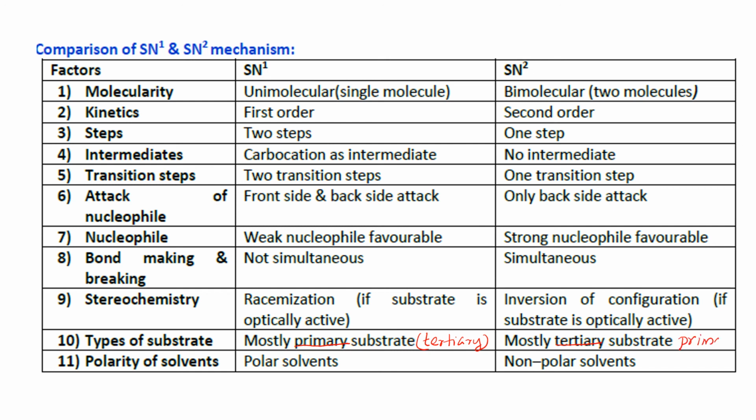This is because less crowding is preferred for SN2 mechanism, because the transition state will be more crowded if you start with tertiary alkyl halides. And SN1 mechanism is favored by more polar solvents, and less polar solvents are preferred in the case of SN2 mechanism.